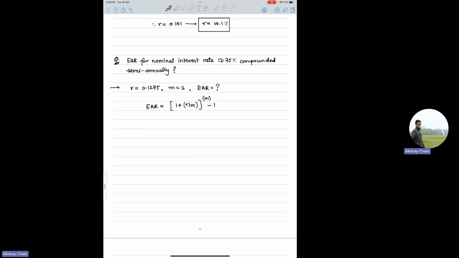So in this case it is nothing but 1 plus 0.1275 divided by 2, raised to 2, minus 1. If you do this you should get the answer as 0.1314. Okay, so that is nothing but 13.14%.